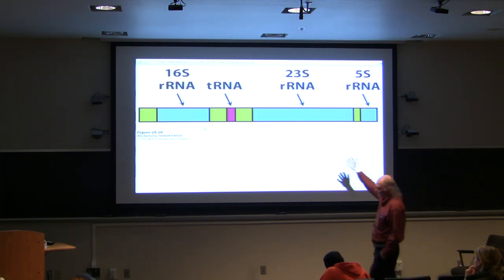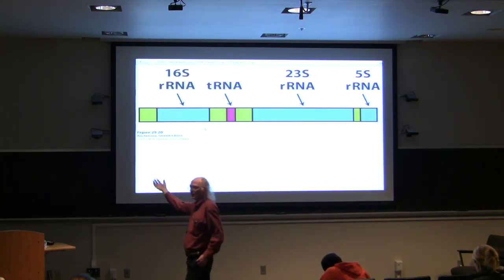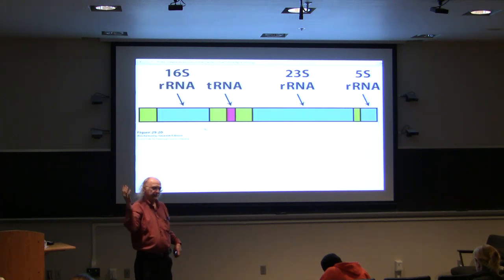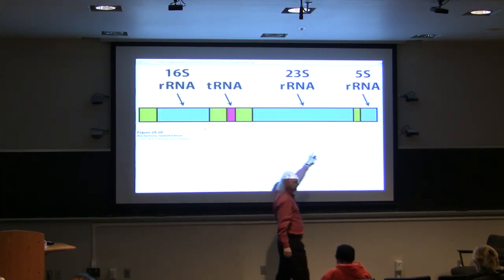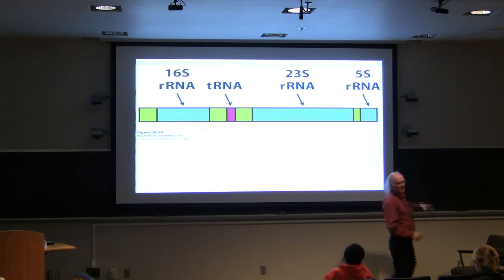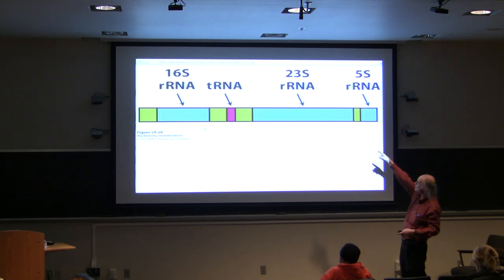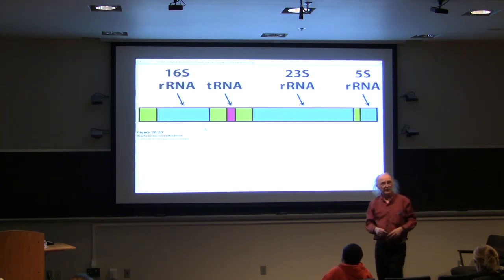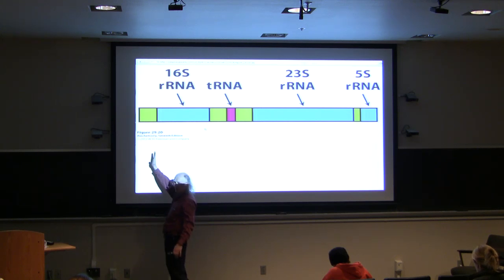This is the way that transfer RNAs and ribosomal RNAs are organized in prokaryotes. So prokaryotes make one long RNA that contains all these various regions for ribosomal RNA and transfer RNA. Then this guy is literally cut into pieces.